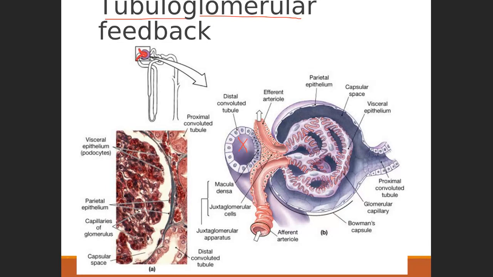Again, in a means of stabilizing GFR. We detect the composition of the filtrate in the distal convoluted tubule by looking at our macula densa cells. They are sensory receptor cells detecting osmolarity of that distal convoluted tubule. We look at our juxtaglomerular cells responsible for producing the hormone renin.